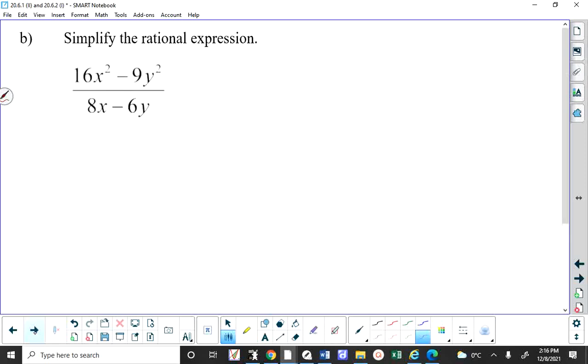Simplify this rational expression. Well, how do you simplify? What do you do first? What do you always do first in this unit? You factor. The top is a difference of squares. It factors into 4x plus 3y and 4x minus 3y.